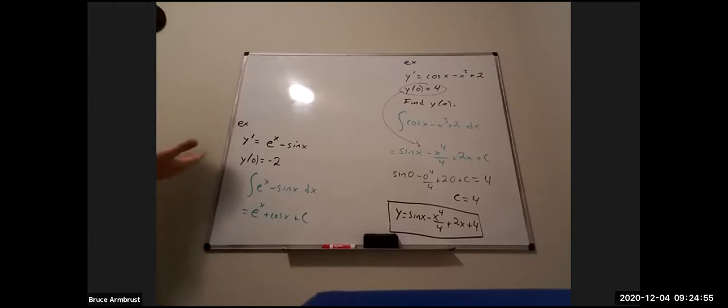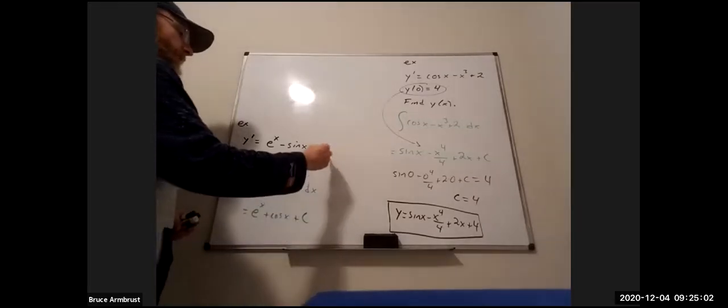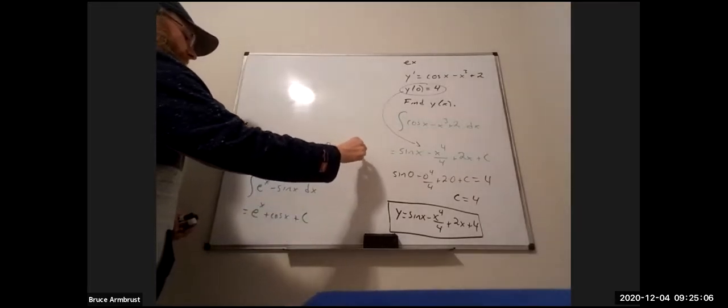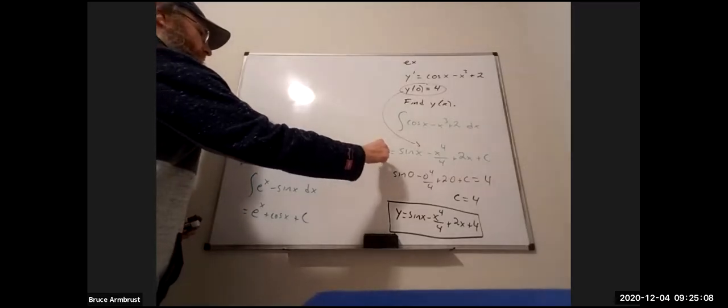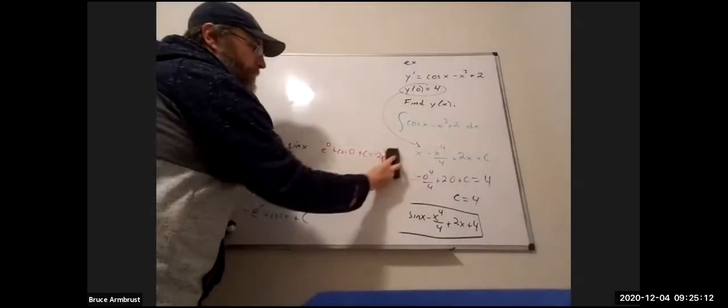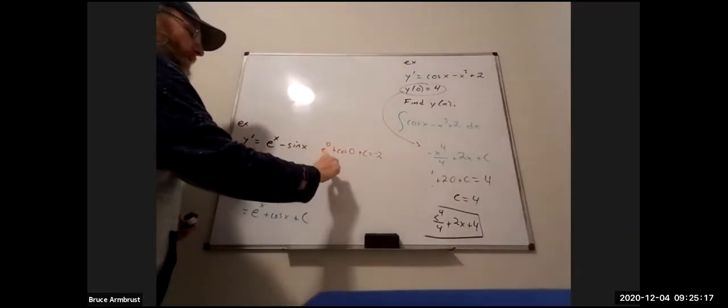All right, so to find the c, we're going to plug in 0 and set it equal to -2. So we're going to get e to the 0 plus cosine of 0 plus c equals -2. All right, well, e to the 0 is 1.